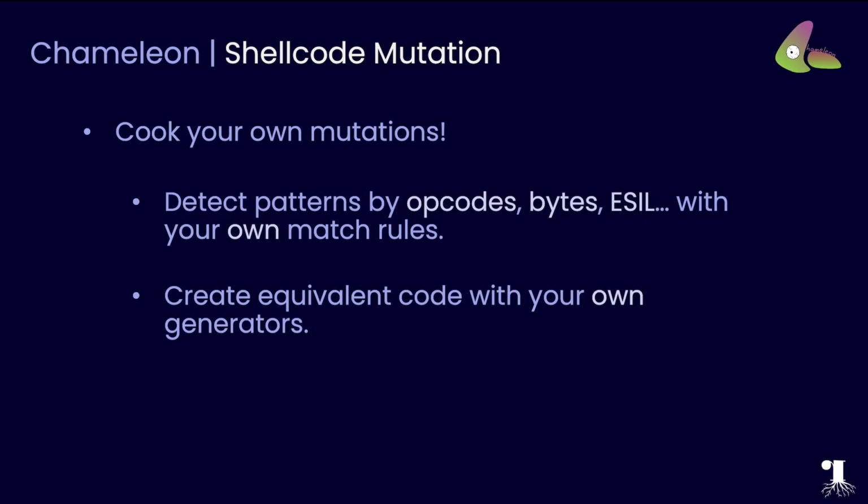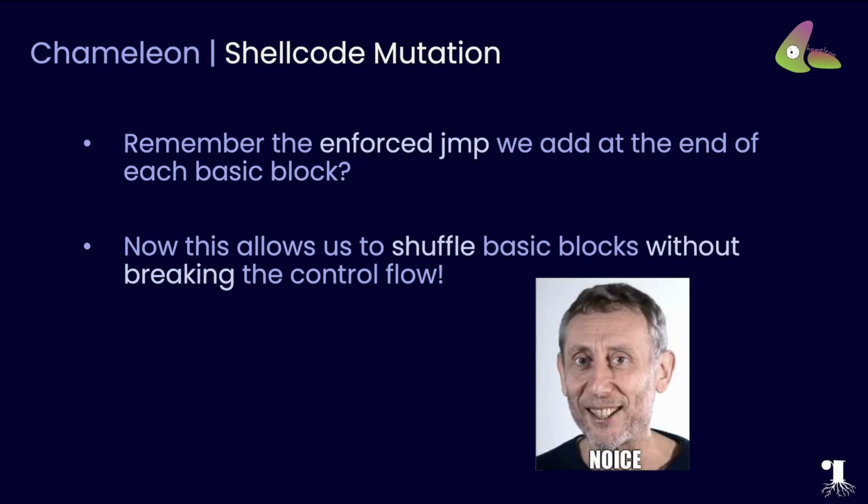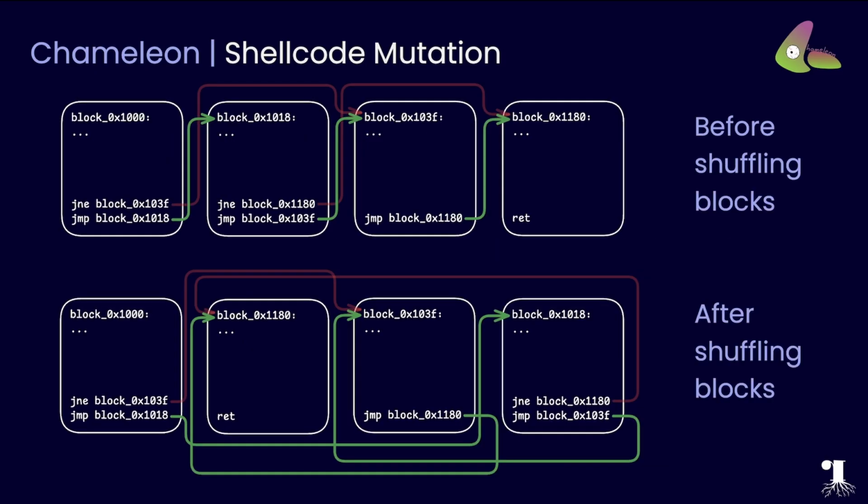So let's keep going. Do you remember the enforced jump we had at the end of each basic block? This now allows us to shuffle all of the basic blocks without breaking the control flow. As you can see here, at the end of each basic block, when we were disassembling it, we added a jump instruction to the next one.